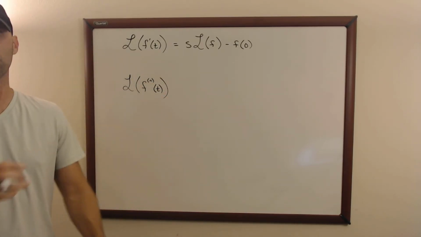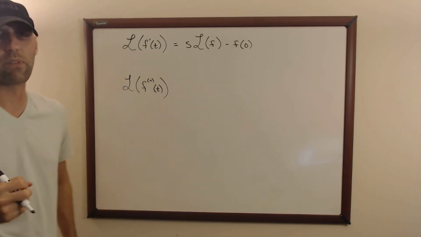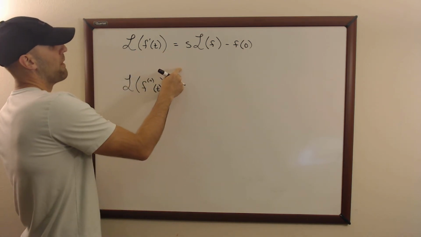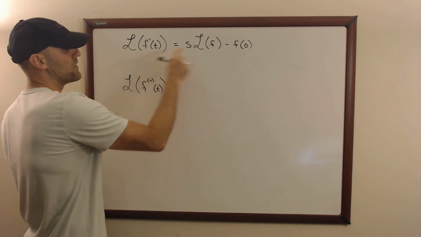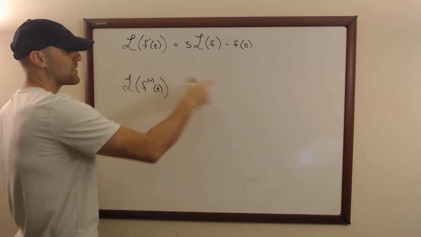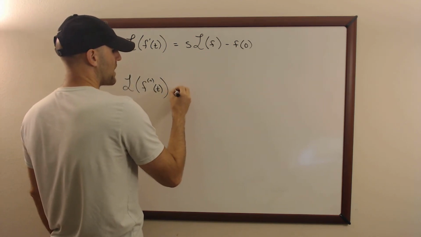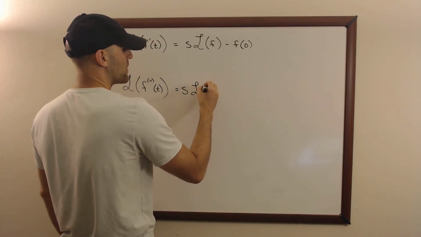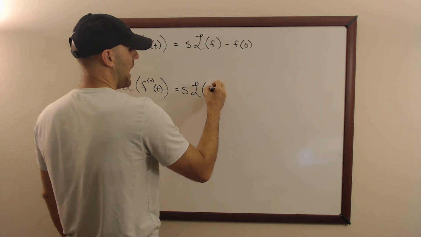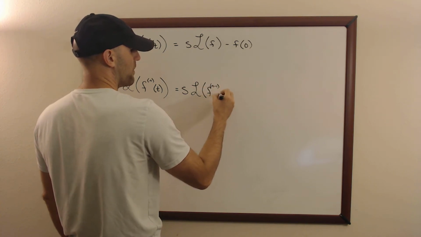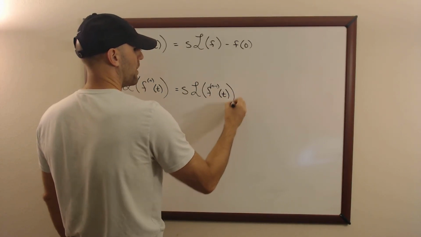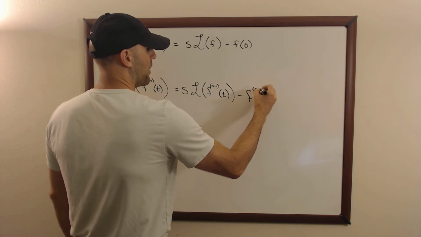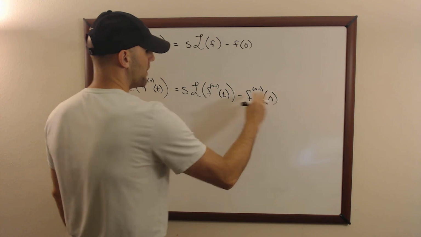So not the first derivative, but let's say second, third, fourth derivative. Well, applying this same formula, notice that this function is the derivative of this one. So I can write this as s times the Laplace transform of the n minus first derivative of f minus the value of that n minus first derivative at 0.